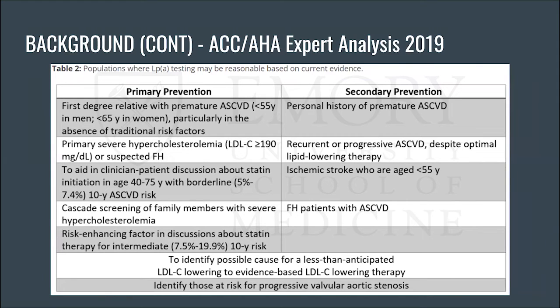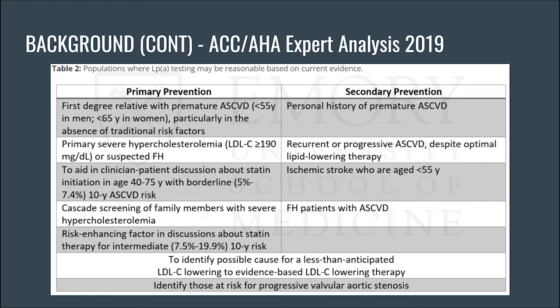Briefly looking at the ACC-AHA expert analysis guidelines in terms of which patients might be reasonable to get a baseline lipoprotein A level on, with primary prevention on the left and secondary prevention on your right, it essentially boils down to whether the patient's family has premature ASCVD, significant severe hypercholesterolemia, or concern for FH, or if you're trying to risk stratify these patients based upon their ASCVD risk: if they have an elevated lipoprotein A level, does that lend you towards wanting to have discussions about starting a statin medication?